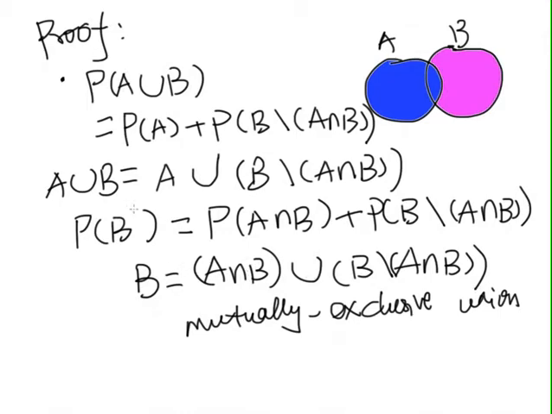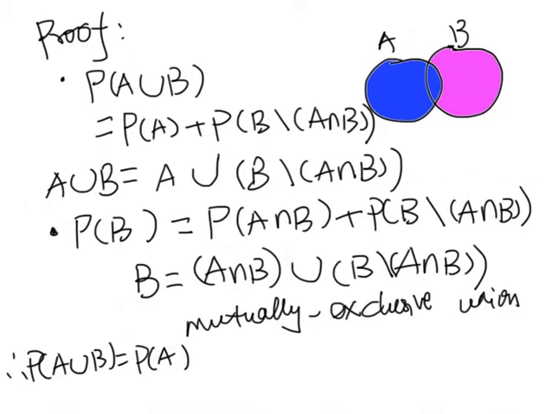By combining these 2 identities, we know that the probability of A union B is the probability of A plus this term.